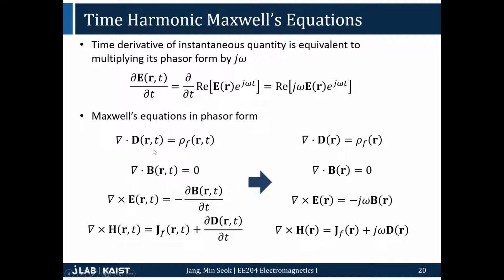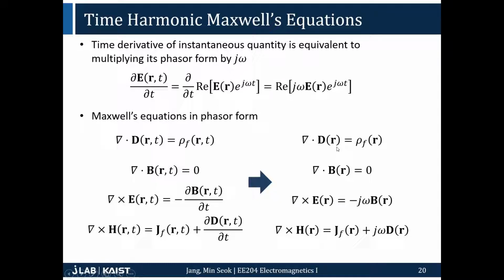The equations on the left are the full Maxwell's equations. So D, rho, B, E, everything depends on both r and t, space and time. And what's on the right are the Maxwell's equations in phasor form.